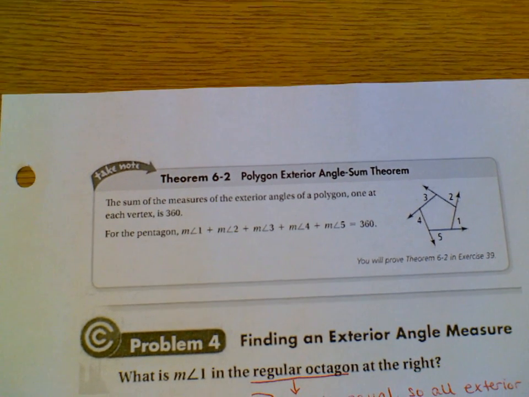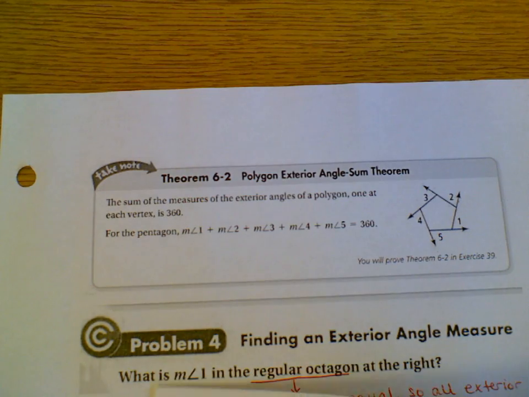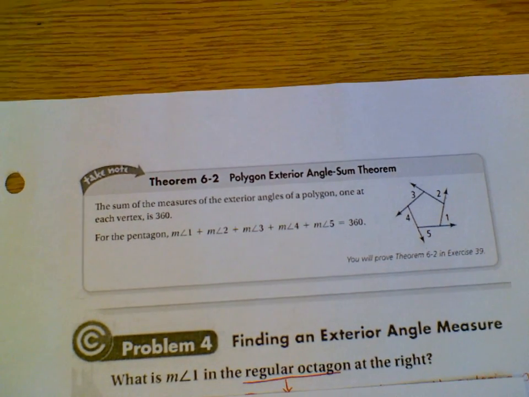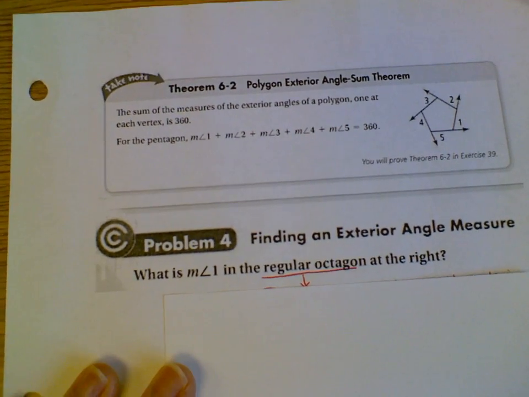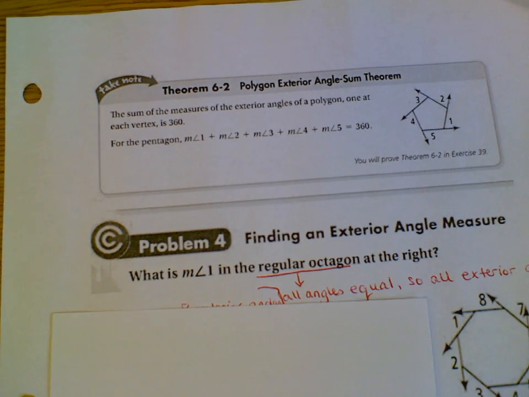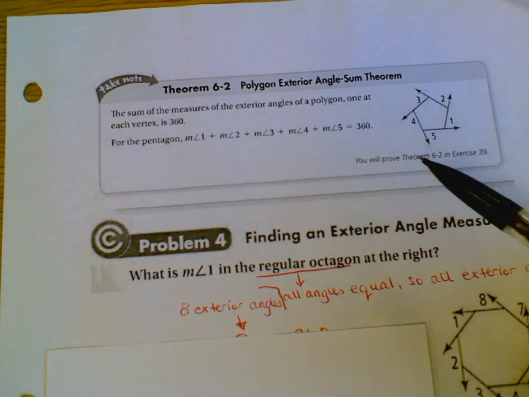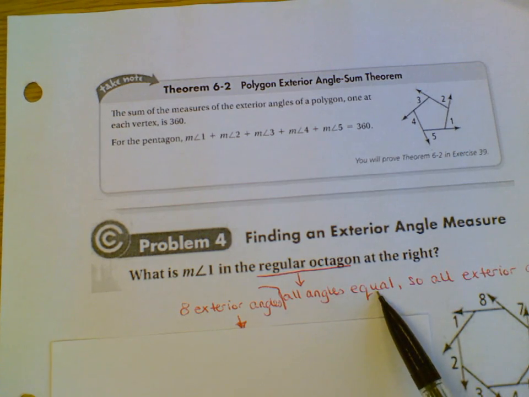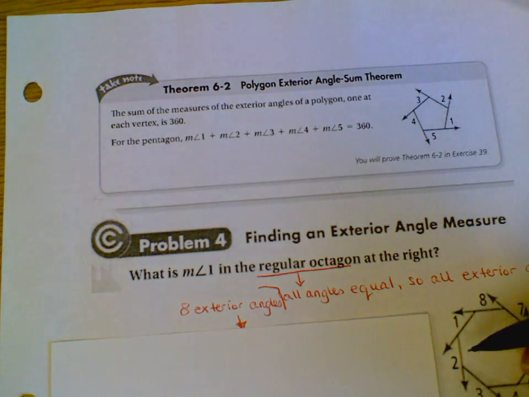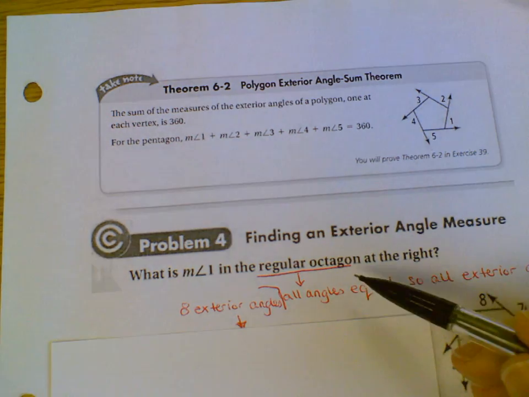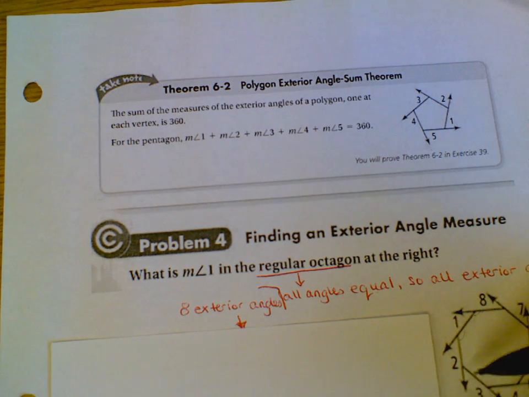So in problem 4, it asks me, what is the measure of angle 1 in the regular octagon at the right? Well, first, knowing that a regular octagon means all of my angles are equal, then I know that all of these exterior angles have to be equal to each other as well. The other thing is it's an octagon, so I'm going to have 8 sides and 8 angles.